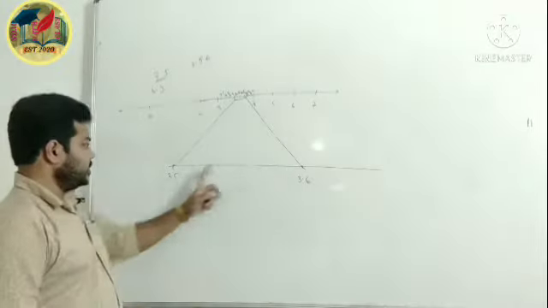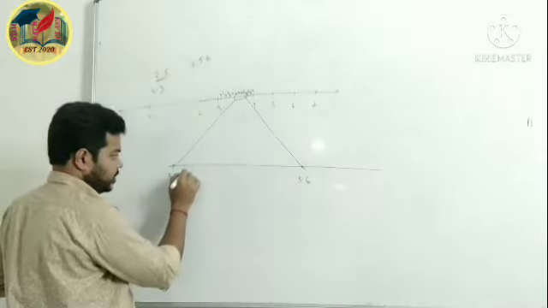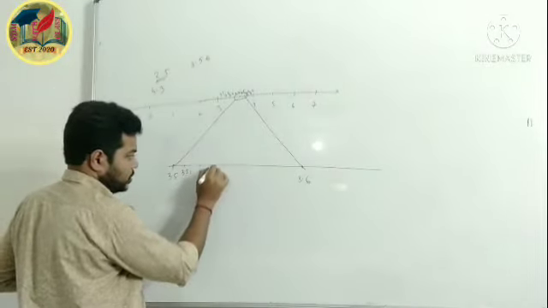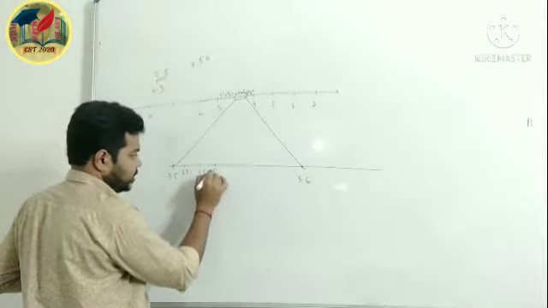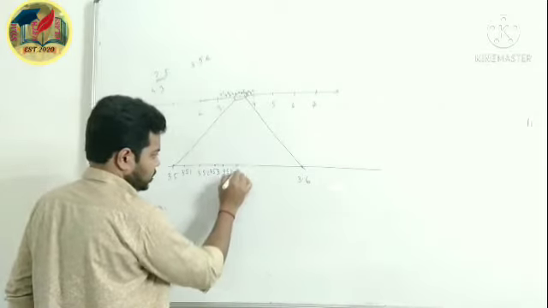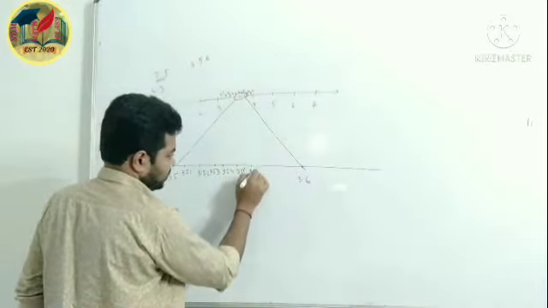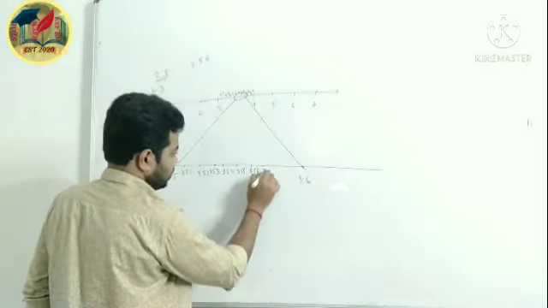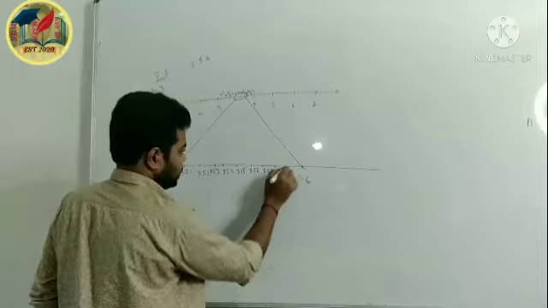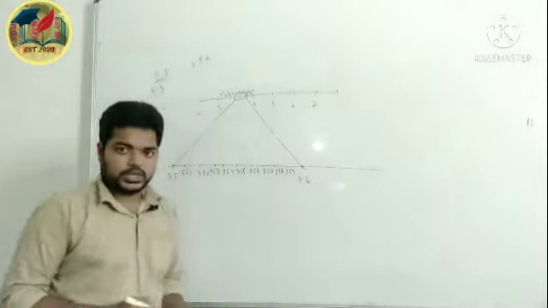Now we divide this line into 10 equal parts, that is 3.51, 3.52, 3.53, 3.54, 3.55, 3.56, 3.57, 3.58, 3.59 and 3.6.